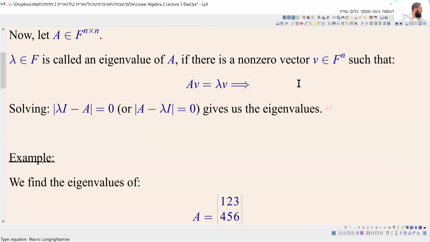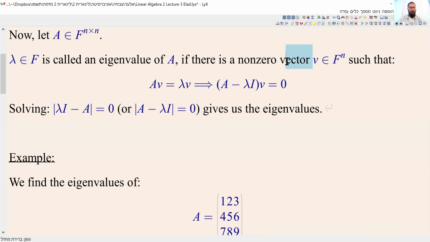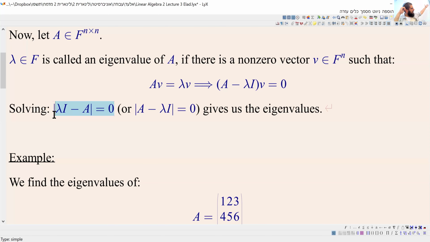As you said, move it to the left side and take out the v. Saying that a matrix multiplied by a vector is zero when the vector is not zero means that the matrix is singular, not invertible. And the non-invertible singular matrix has a determinant of zero. So in order to find the eigenvalues, we solve the determinant of lambda I minus A is zero.